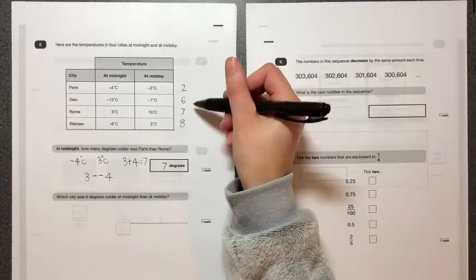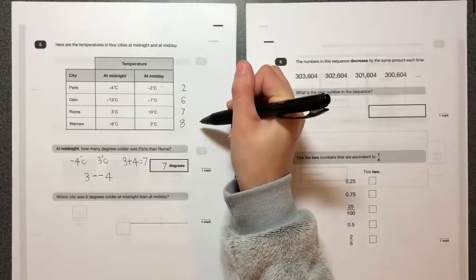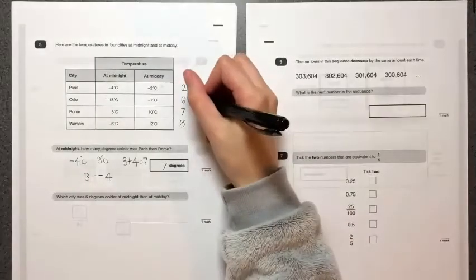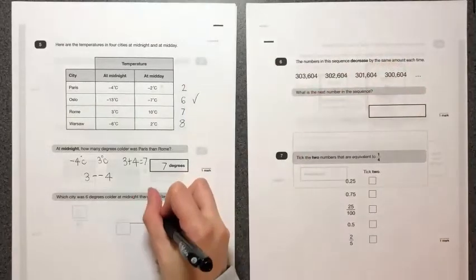Now these were the differences in temperature for each of these cities. Our question was, which city was 6 degrees colder at midnight than at midday? And we can see here that it was Oslo.